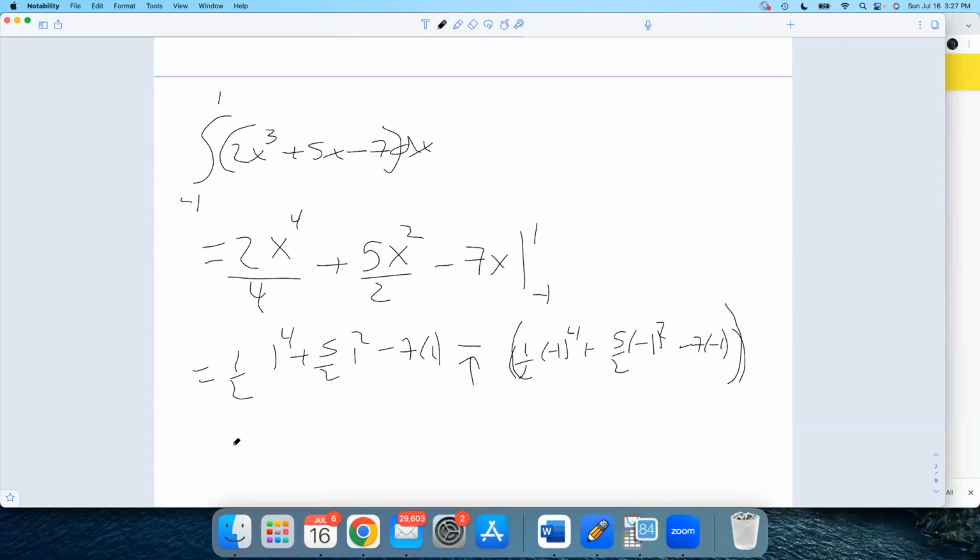So here, let's clean some stuff up. 1 to the 4th is just 1. 1 squared is just 1. 7 times 1, we got that minus there, so -7. And then this guy here, so I'll write these out. This will be 1/2 plus 5/2 minus 7.